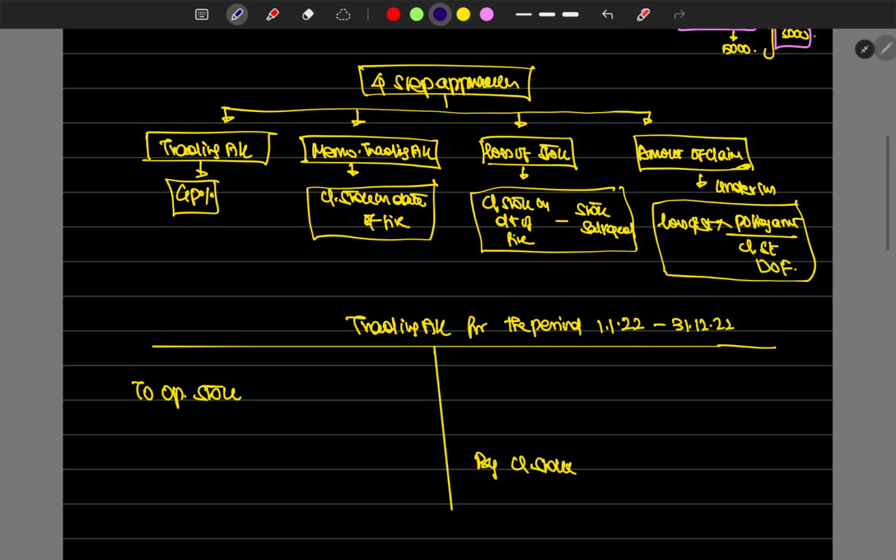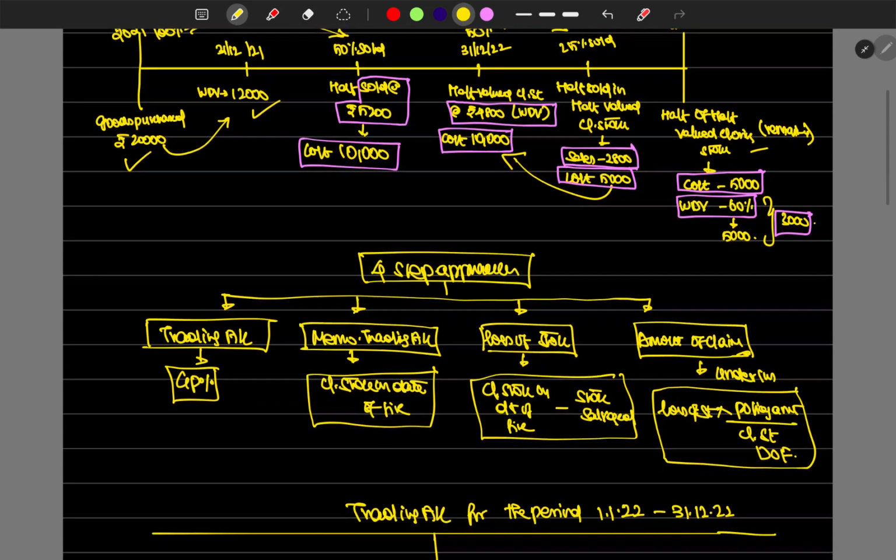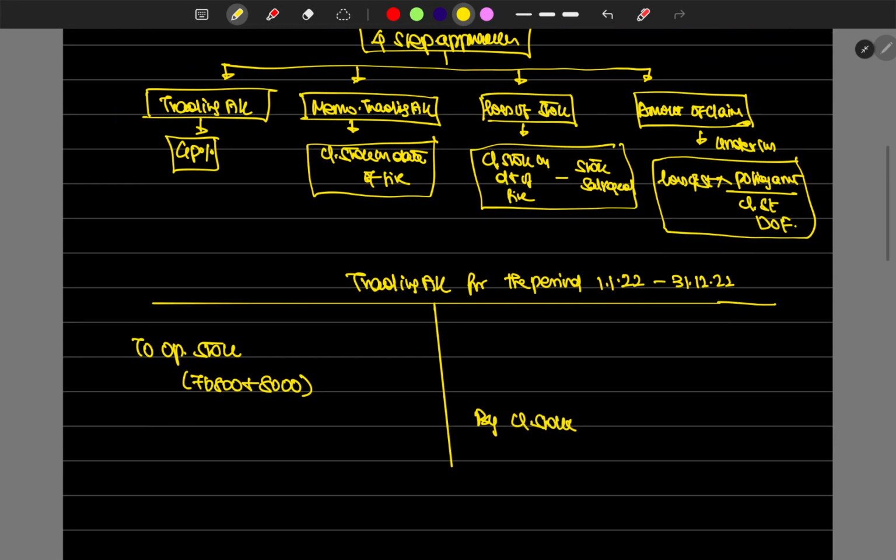So 76,800 plus 8,000, which is the removed value due to the write down of 8,000. Okay, we have added back. So what's the opening stock value? 1 minute, let me calculate. 76,800 plus 8,000 which is 84,800.